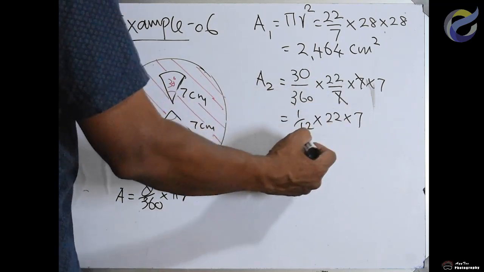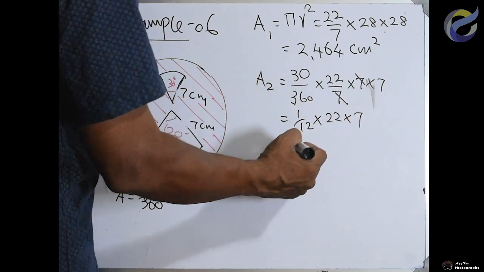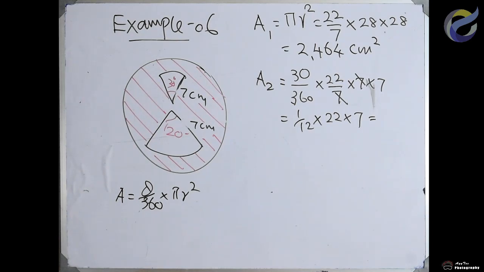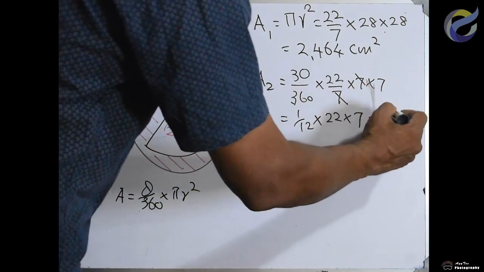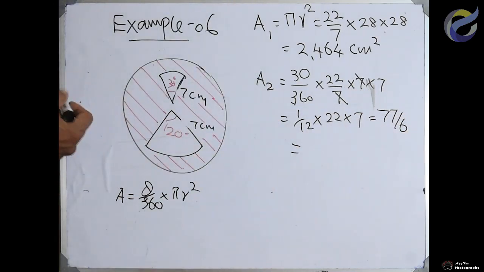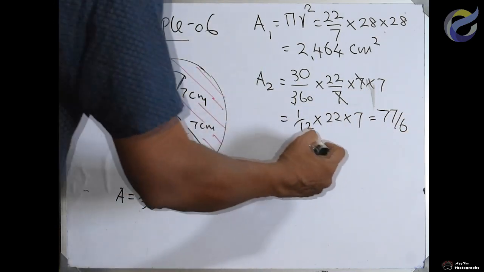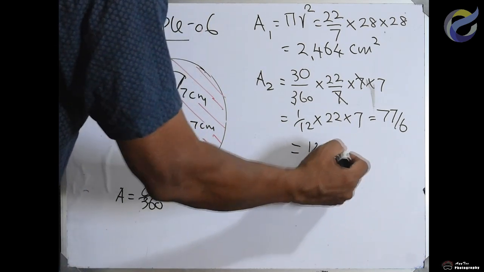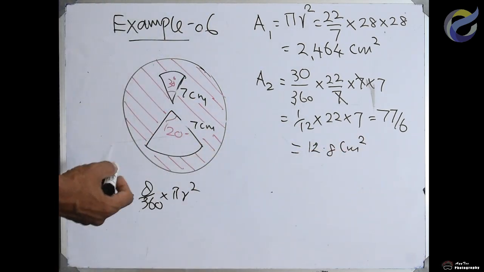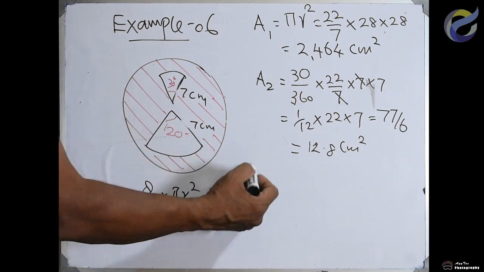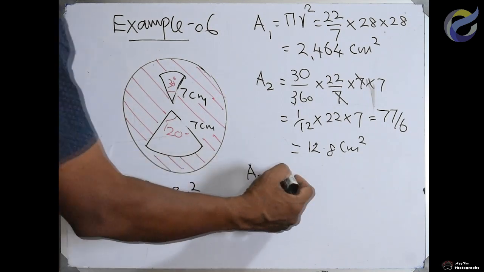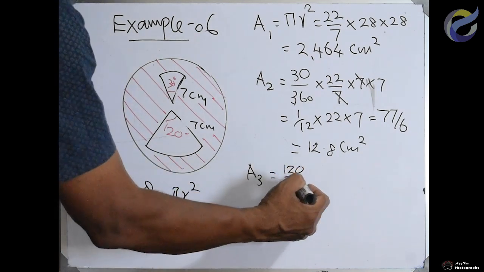Further we can simplify this one. If you simplify this, you have the answer 77 upon 6. That is, you can write as 12.8 centimeter square.